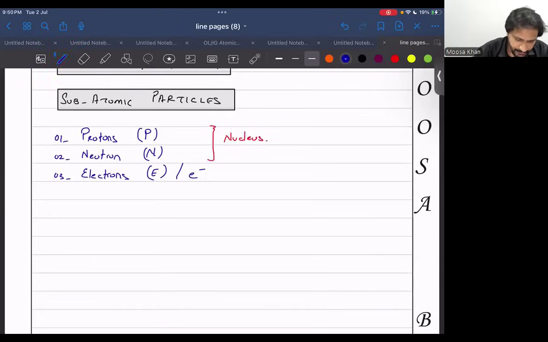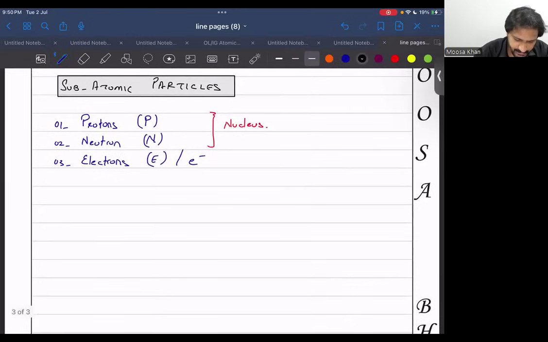Moving on. Do you guys know about the relative mass and relative charges of protons, neutrons and electrons? जल्दी से बता दो. We have three types of subatomic particles.